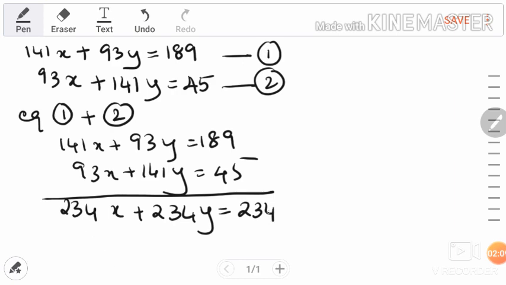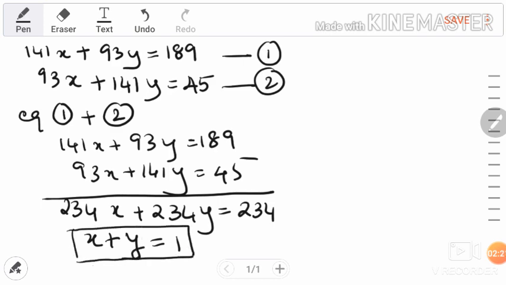So there is a common factor, dividing the whole equation by 234, you get x plus y equal to 1. This is our reduced equation. We'll mark this as 3.